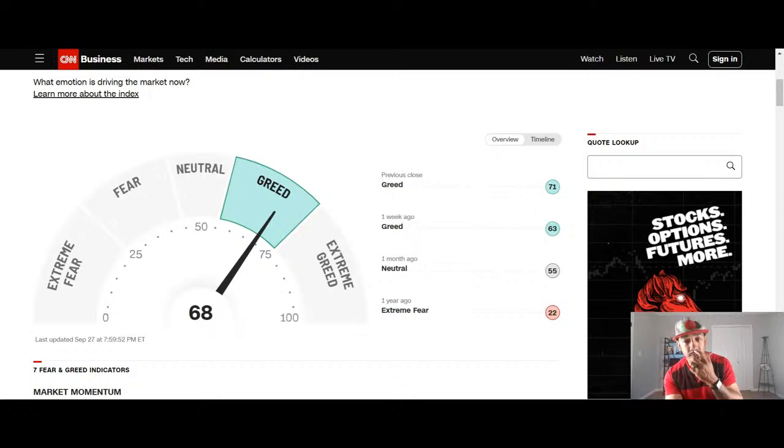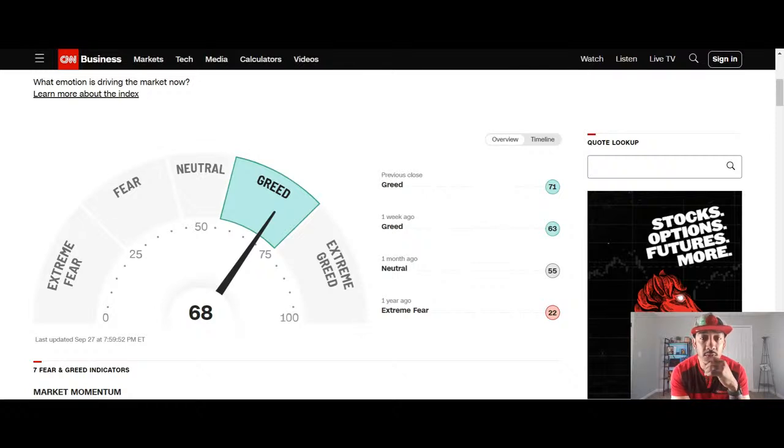Right now, we are greedy. We're not extremely greedy. So the market could get even more greedy than it currently is, and it could go up some more. You don't really want to fight the trend. The market is going up, so expect it to continue going up until it proves you otherwise, right?